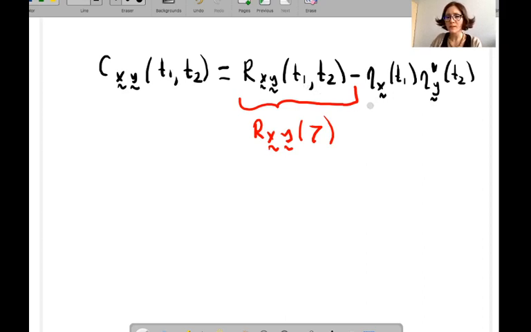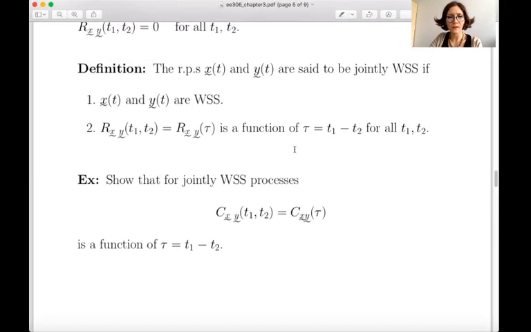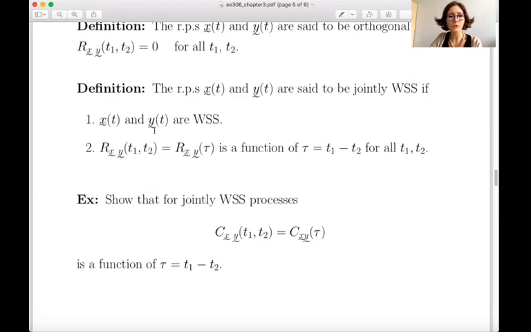Can I simplify this actually? Eta x of t1: it would be good if this was a constant, right? Do I have the right to state that this is a constant? Actually, I do, because if x and y are jointly wide-sense stationary, each one of them should be individually wide-sense stationary.